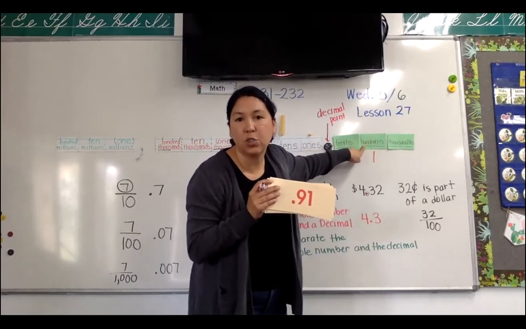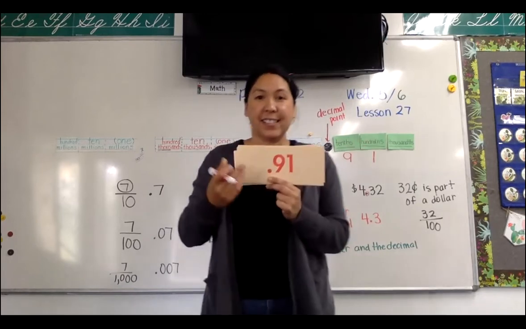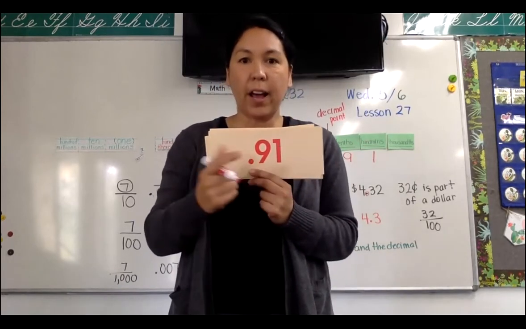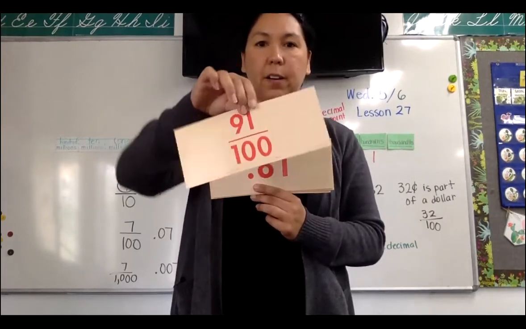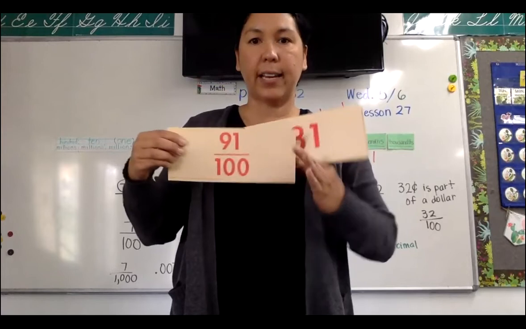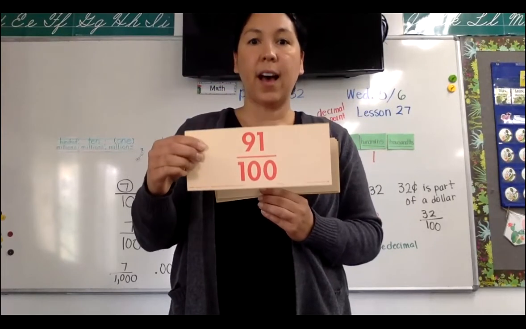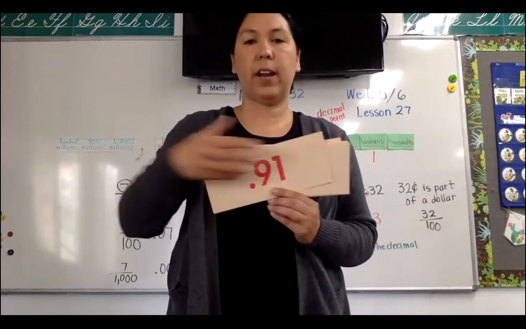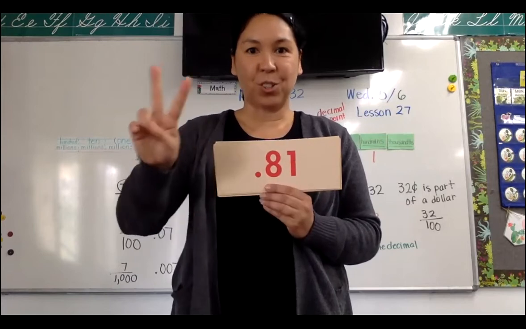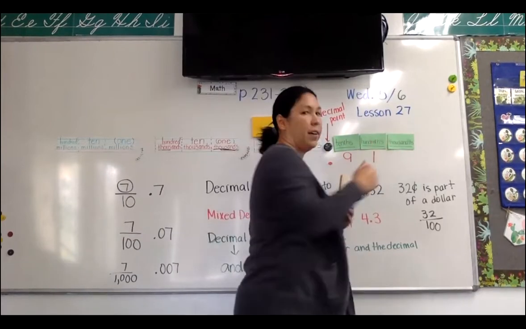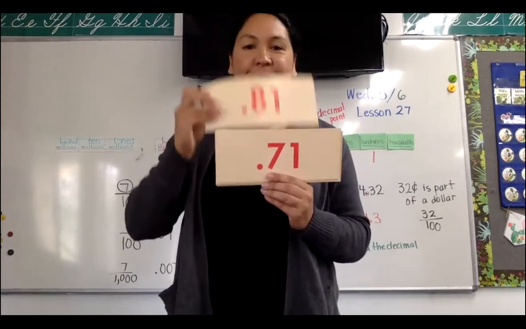Everyone say hundredths with me. Hundredths. Okay, this says 91/100ths. Now let me show you what that would look like as a fraction. Just like this, 91 over 100. So this says 91/100ths. Okay, let's try another one. 81, there's two numbers, so we're gonna say this word, 81/100ths. Good job. What's this gonna be?